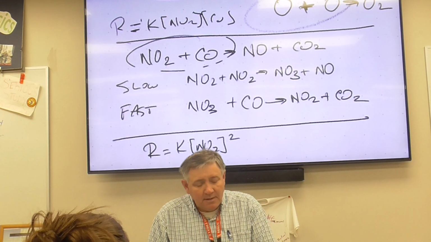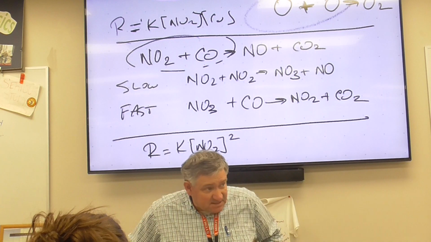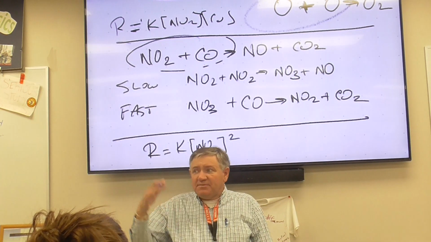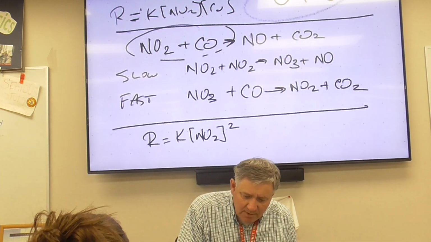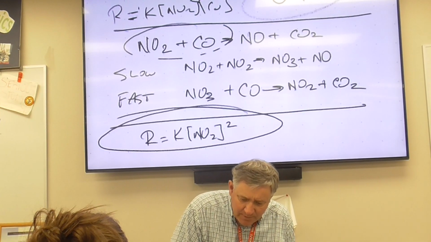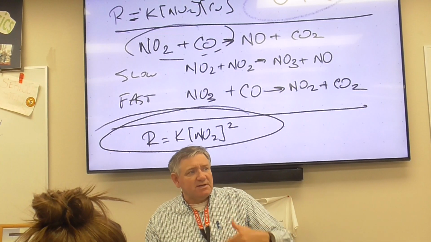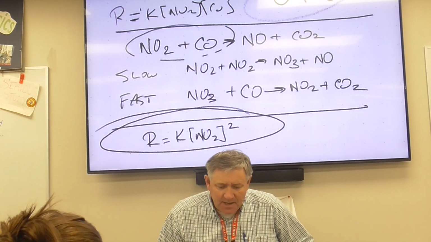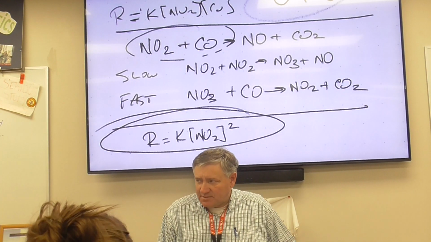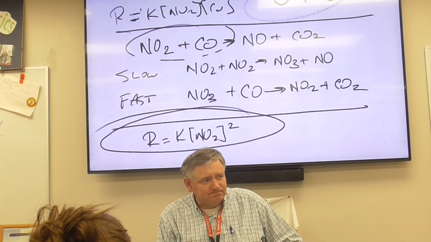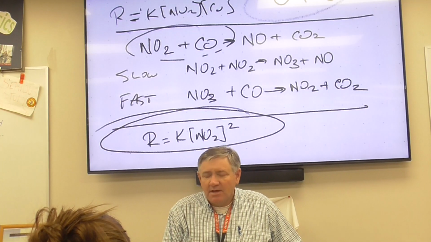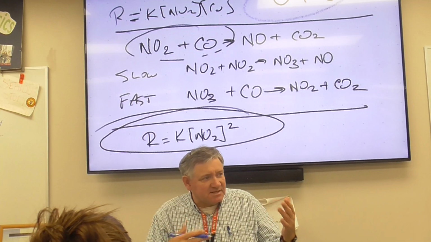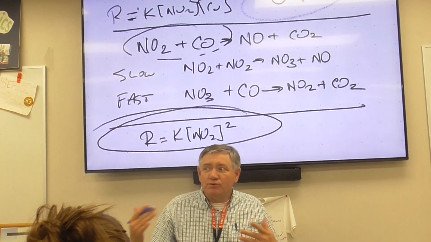Now, you actually run the experiment. And in the experiment, you realize that it's actually second order with respect to NO2, the nitrogen dioxide. The carbon monoxide doesn't have anything to do with it. It's like, well, that doesn't make any sense. So then it becomes like a spy novel, like who done it?